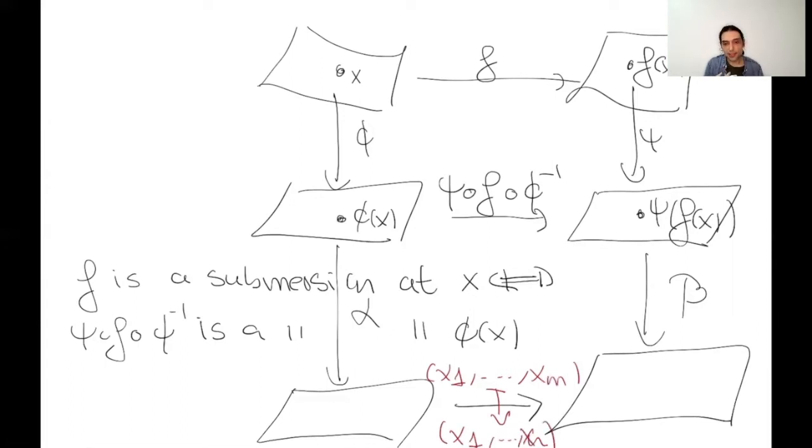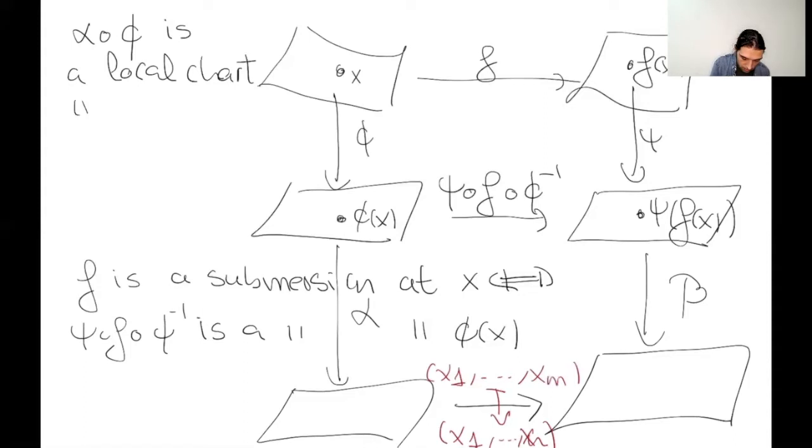Okay, and again we make the same argument that we did for immersions, and the argument is that the composition of phi and alpha is a local chart defined in a neighborhood of X, and that the same thing happens with beta, with the composition of psi and beta.